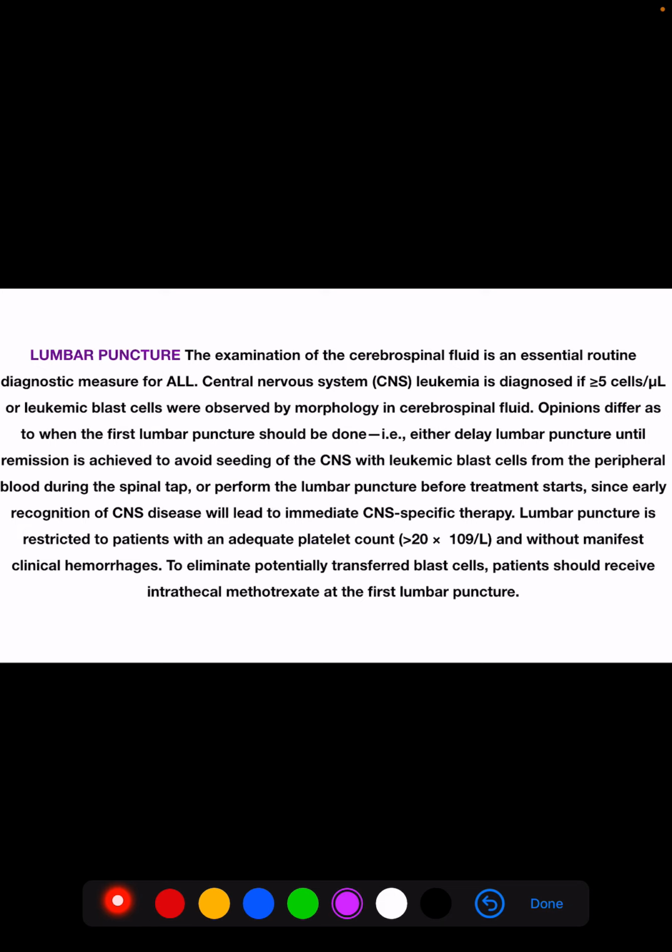Lumbar puncture. Examination of the CSF is an essential routine diagnostic measure for ALL. So if you are suspecting ALL, examination of the CSF is routine. When can we say that the patient has central nervous system leukemia?